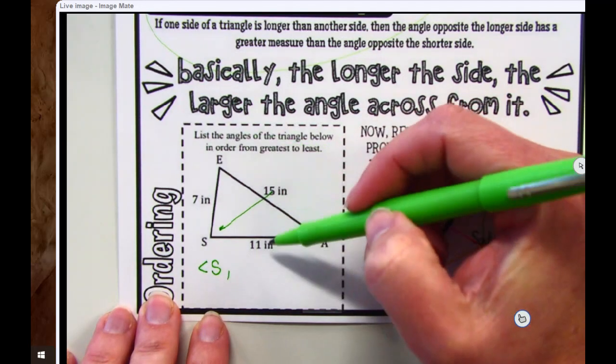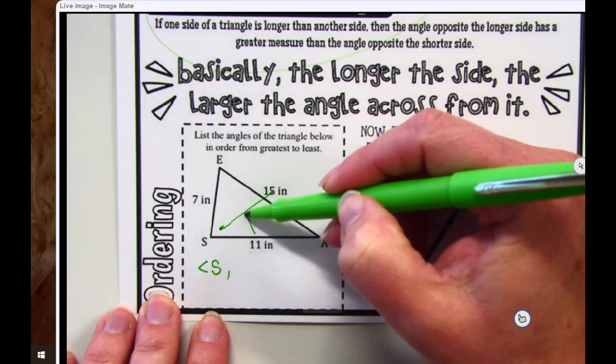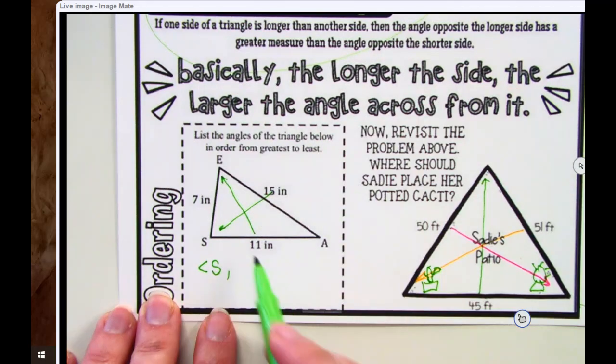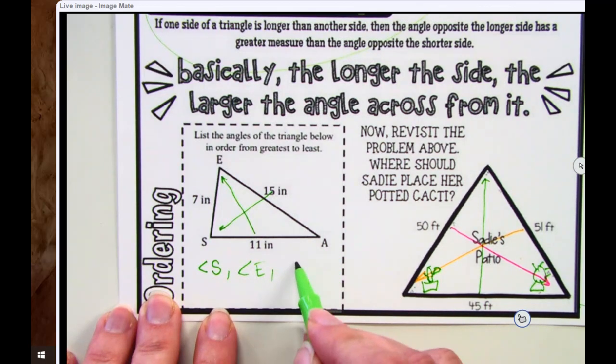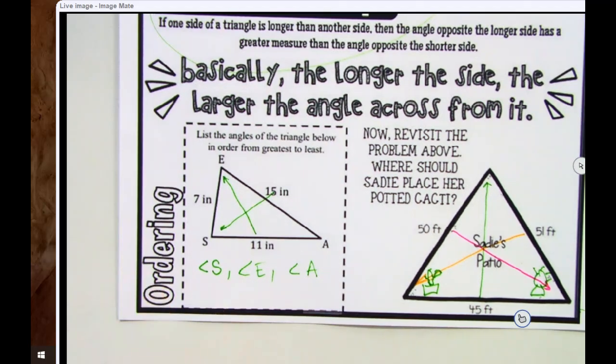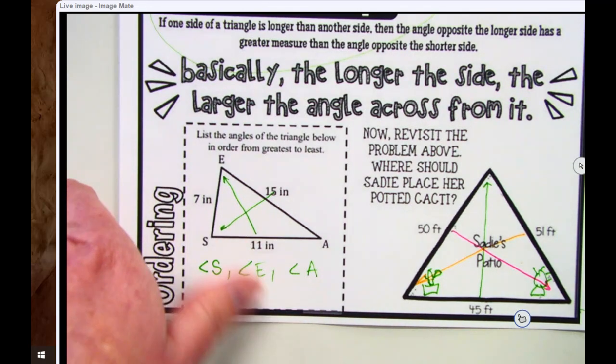Middle length would be 11. So that goes with angle E. And that would leave angle what? 7. So angle S, angle E, angle A. Triangle C, I guess.